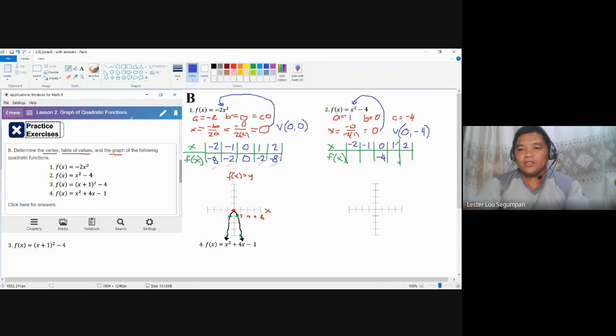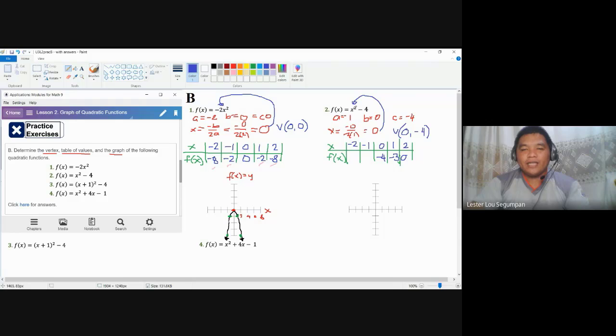Let's try. Starting with 1. 1 squared is 1 minus 4. We have negative 3. For 2, 2 squared is 4 minus 4, which is 0. Similar to number 1, this should be negative 3 and this should be 0 for us to see a correct parabola.